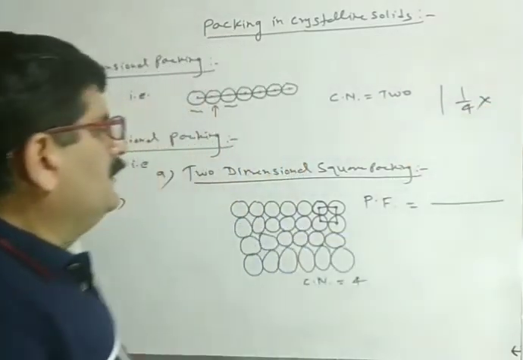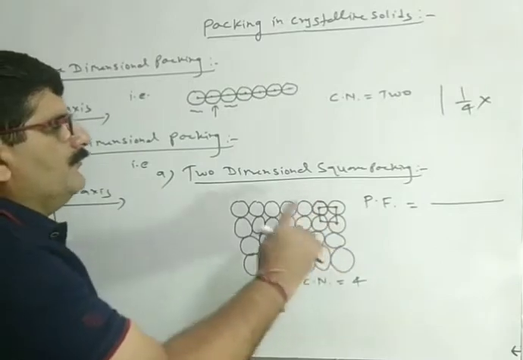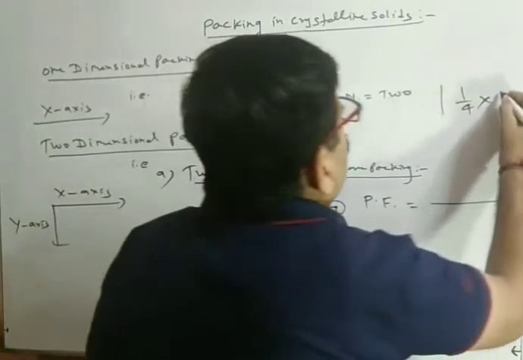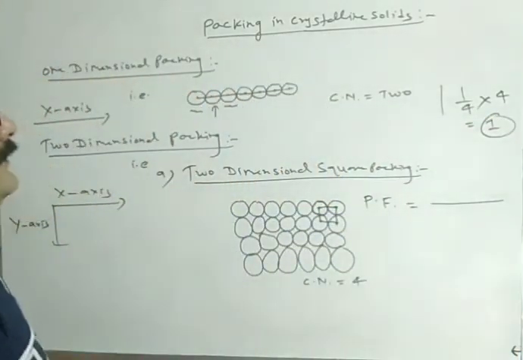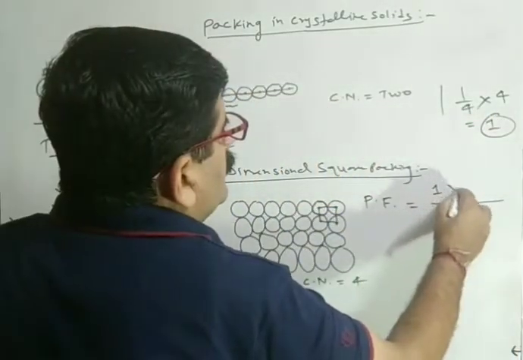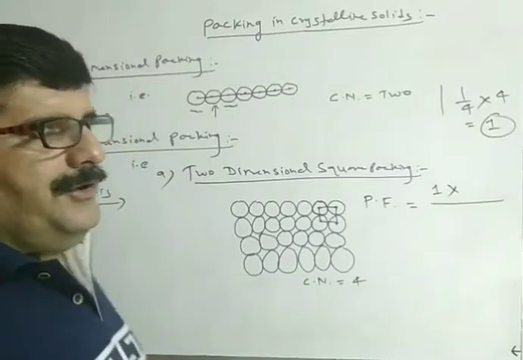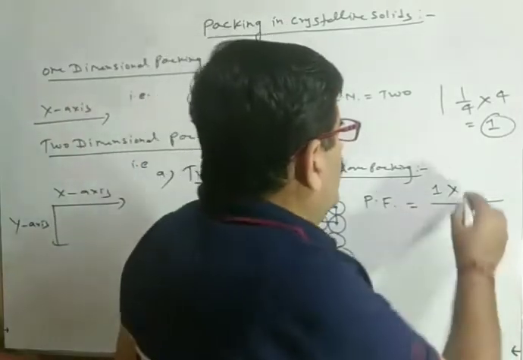How many total circles are involved? 1, 2, 3, 4. So total 4 parts. That's why the number of atoms per unit cell is equal to what? 1. We know that the area of one circle is pi r square.